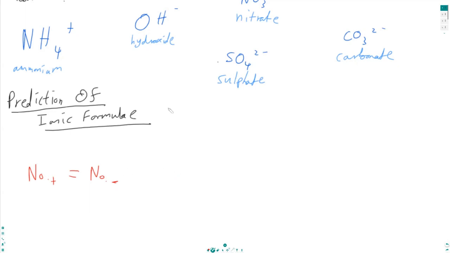What I'm trying to say here is the total number of positive charges from positive ions must equal the total number of negative charges from negative ions, from anions.